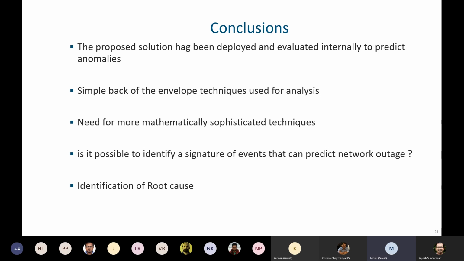The simpler ones that I mentioned are, for example, fan failure leading to temperature heating leading to router failure. That's the most common thing. But there are also other unusual patterns that we haven't detected before.